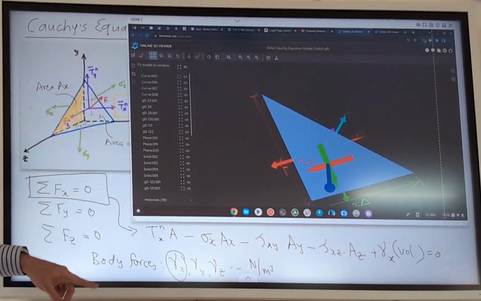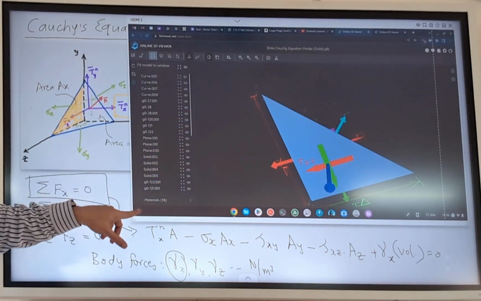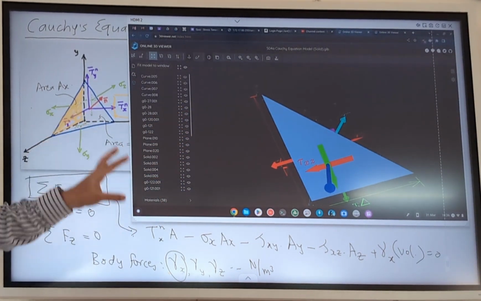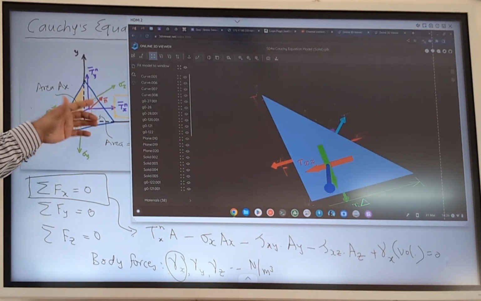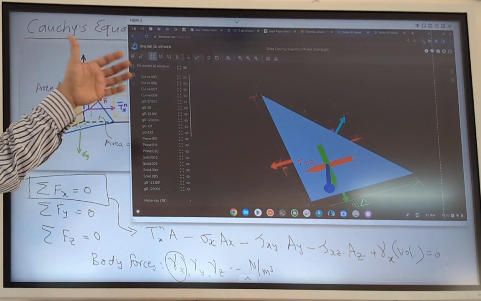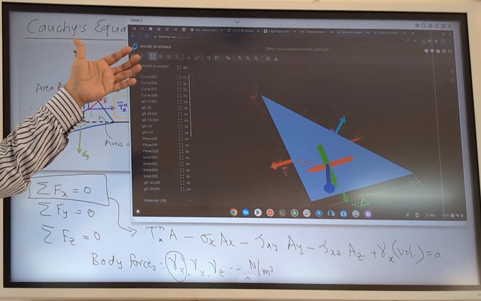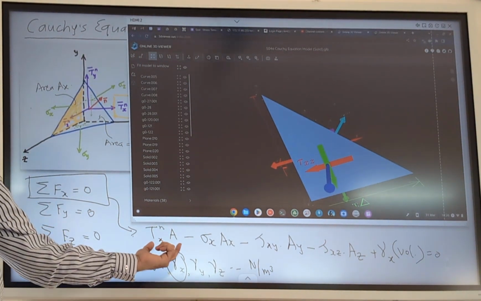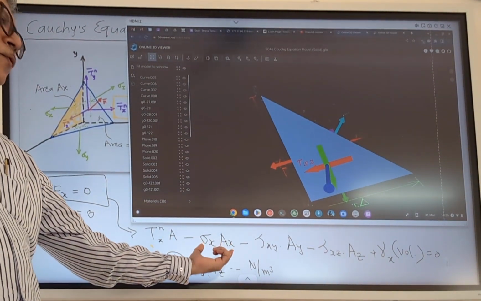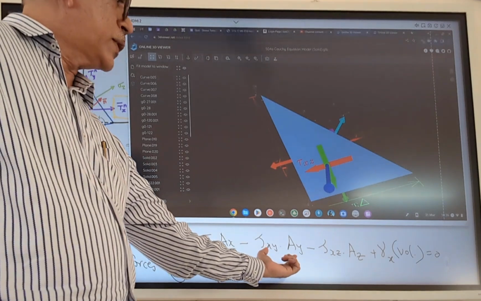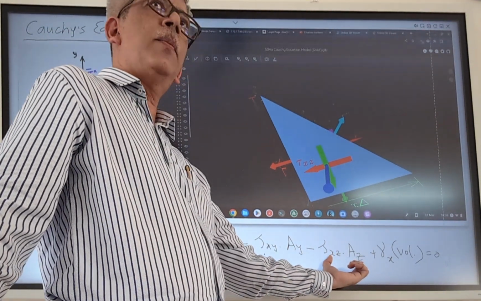Now we have to simplify this equation in order to proceed further. Do you have any question at this particular point? What we have done is we have taken this tetrahedron and summed up all the forces acting on it. This is the force acting on the arbitrary plane in the x direction. This is the force acting on the x plane, force acting on the y plane, force acting on the z plane.